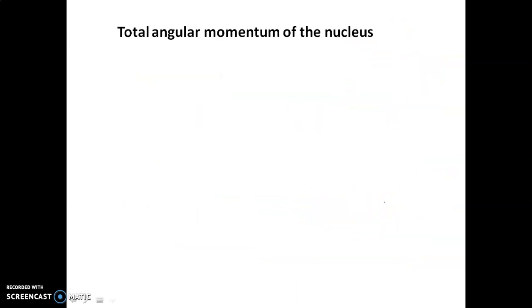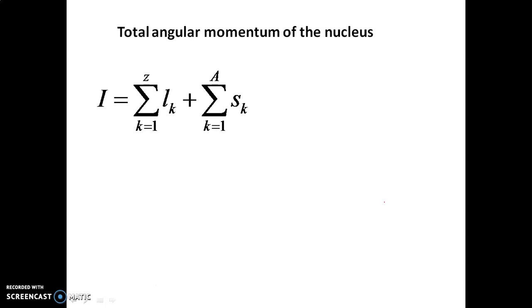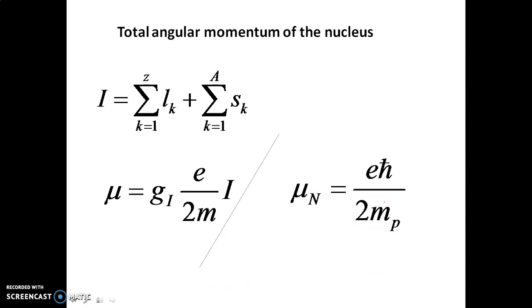Now, the total angular moment of the nucleus is denoted by this, so that mu is equal to g_I into e by twice m. This is the total dipole moment of a nucleus, which has come from the equation that we have just written on the other page. Now, how is this measured?